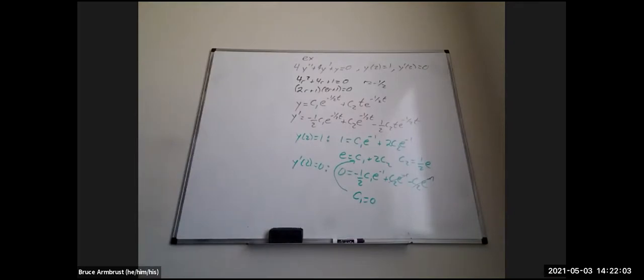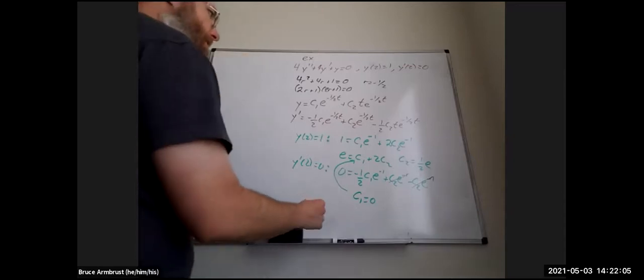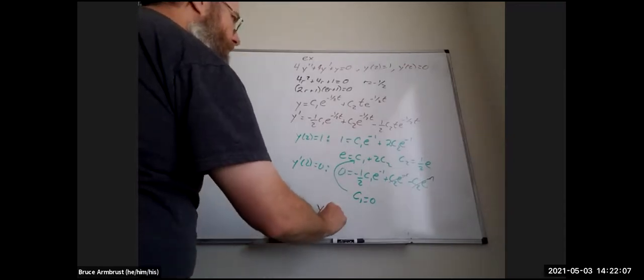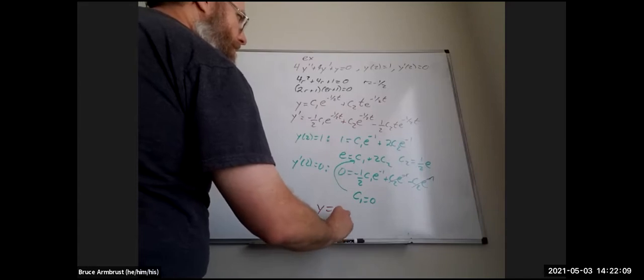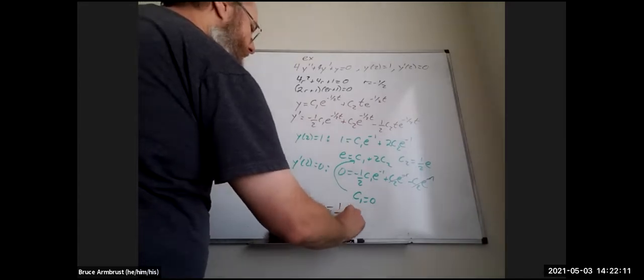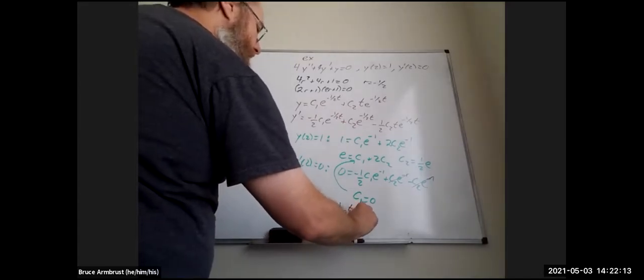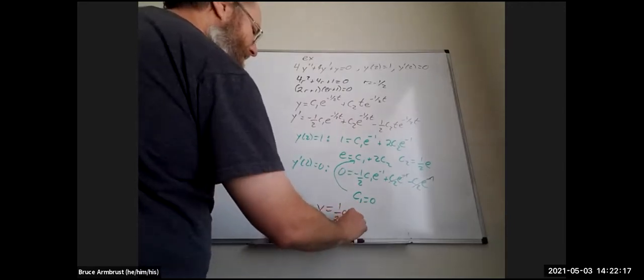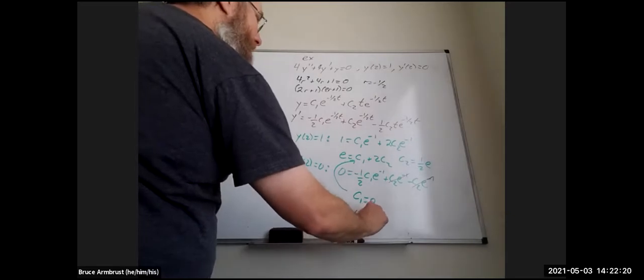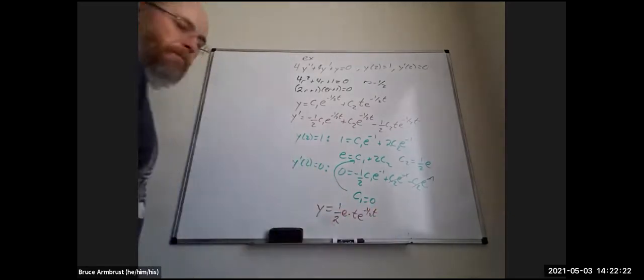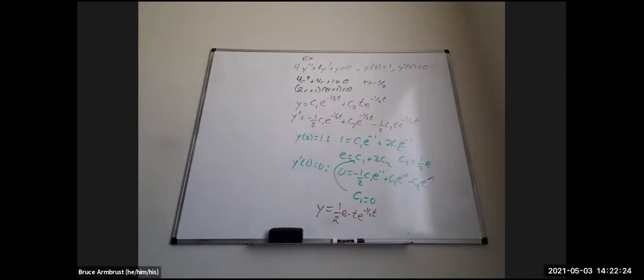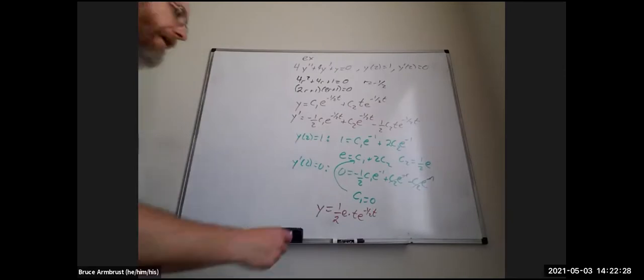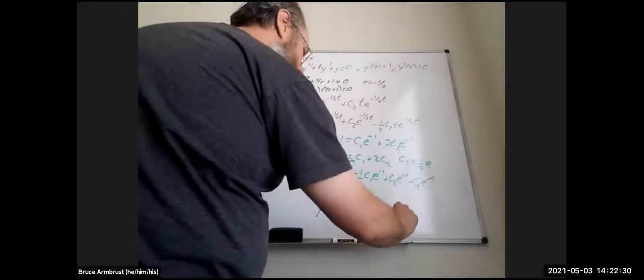So here is our solution to this differential equation then. It's going to be y equals 1/2 e times t e to the minus 1/2 t. And we could actually combine that.